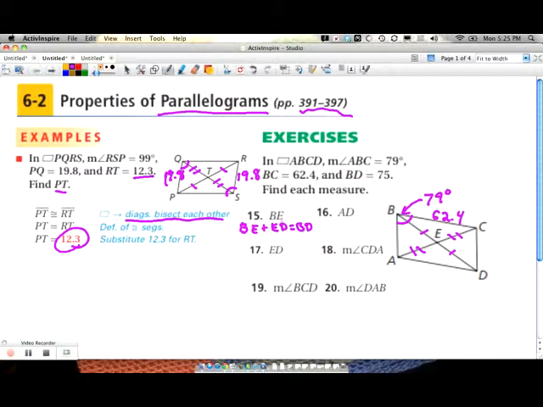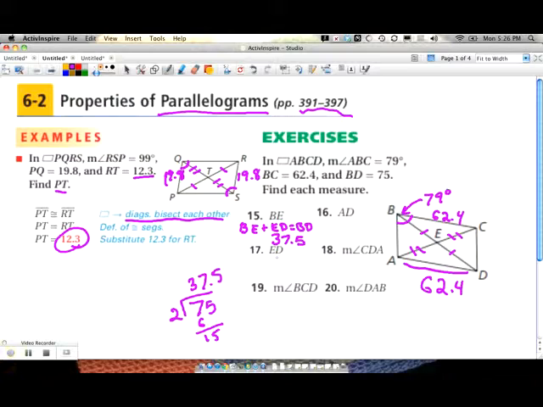So 75 over 2 would be, just to show you guys that, 2 goes in here 3 times. 2 goes into 15 7.5 times. So we have 37.5. Now if I'm looking for AD, that's this side, in a parallelogram we know that opposite sides are congruent. So this side would also be 62.4.